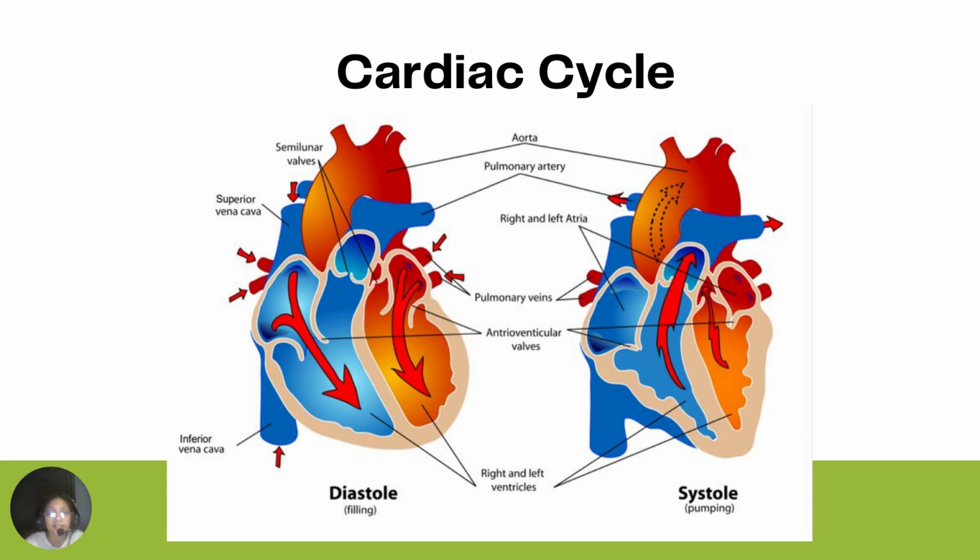In ventricular systole, you can see that the ventricles are contracting and the atrium is relaxing, and the blood from the ventricles goes through the aorta and the pulmonary artery through the semilunar valves. So in ventricular diastole, the semilunar valves are closed, but the bicuspid and the tricuspid valves are open, and in ventricular systole, the semilunar valves are open so that the blood can pass through the aorta and the pulmonary artery, but the bicuspid and the tricuspid valves are closed.